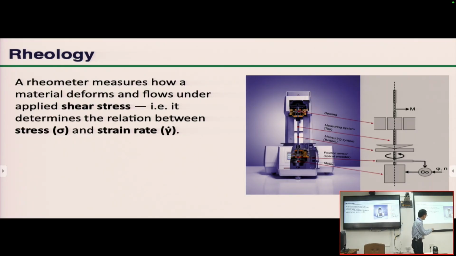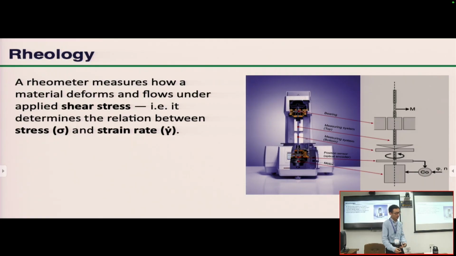Here's a typical tabletop rheometer. This is a cone and plate rheometer. You have a cone here and a plate. You put the fluid sample in the middle, and by rotating this device, you shear the sample in the angular direction. So you can apply a definite shear rate and measure the force you're getting from that.